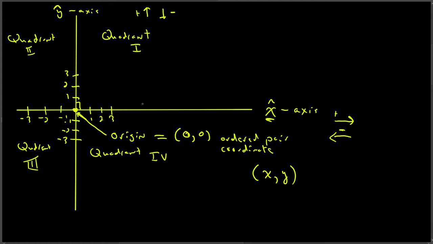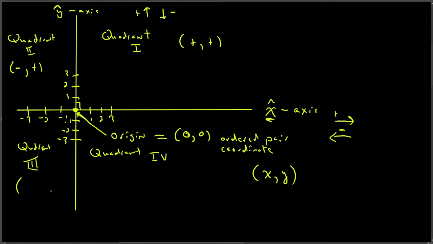Now all the numbers in quadrant 1 have a positive x value and a positive y value, because positive x goes this way, positive y goes this way. So every pair of numbers in the first quadrant has a positive x and a positive y. In the second quadrant, you have negative x values, as the negative values run across here, and you have positive y values.